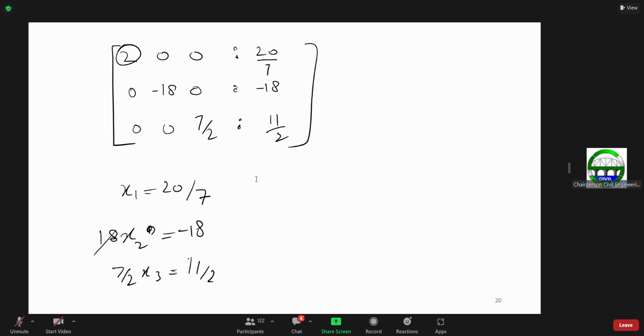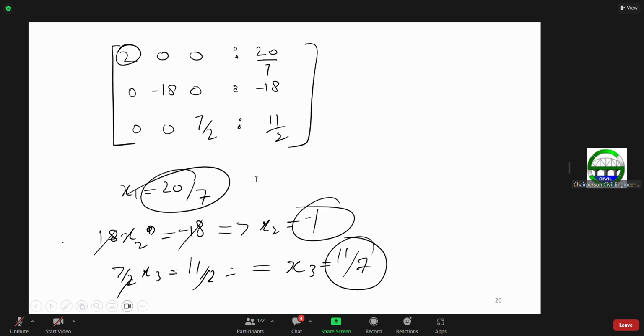In here it is cancelled, so x2 will be minus 1, and in here 2 is cancelled, and then x3 will be equal to 11 by 7. So this will be your final solution.